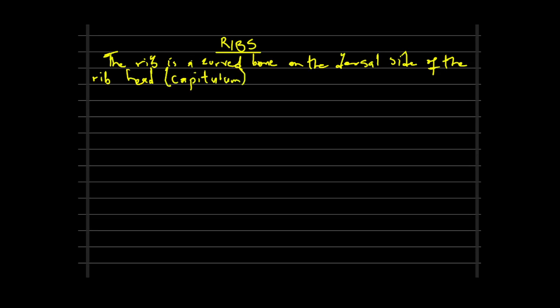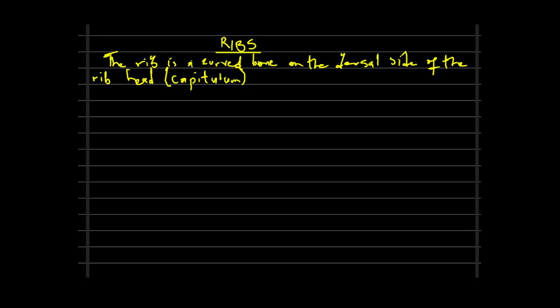Now, the ribs are responsible for making the enclosure that we have in the chest cavity, the thoracic cavity, that encloses the organs inside the body, like the heart, the liver, the lungs, as well as the intestinal walls. It is the function of the ribs to have that curved shape so that it can enclose these internal organs.